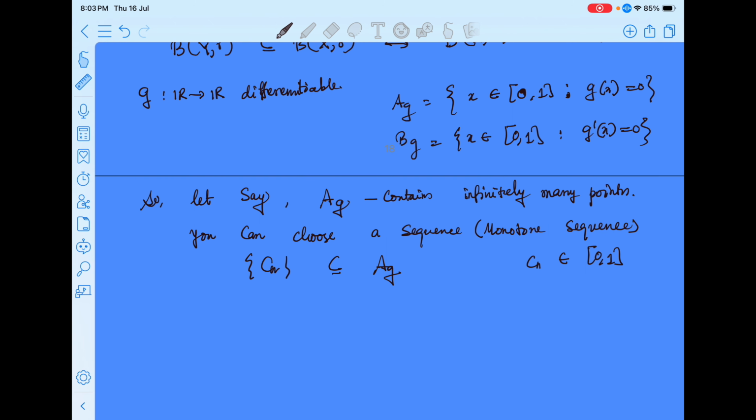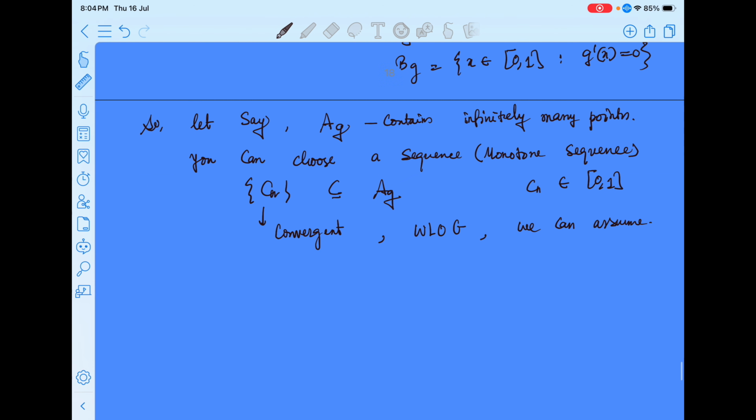So without loss of generality, let us take this as convergent, and again without loss of generality we can assume Cn is increasing, and Cn converges to alpha, and Cn is not equal to alpha for all n.